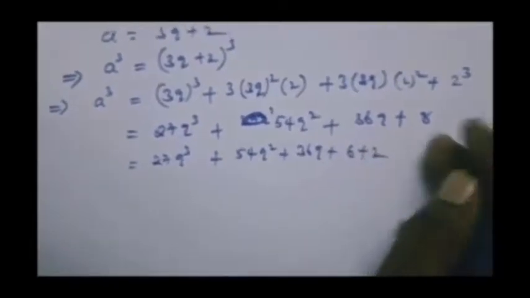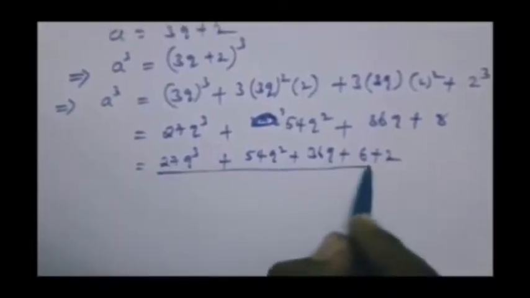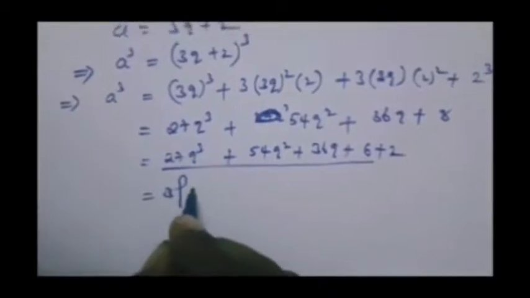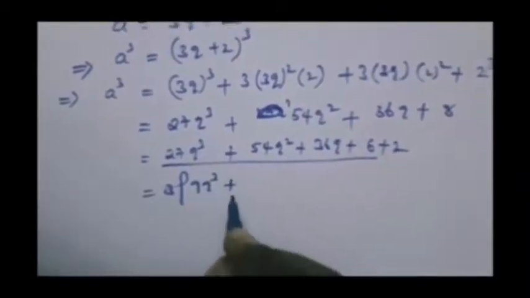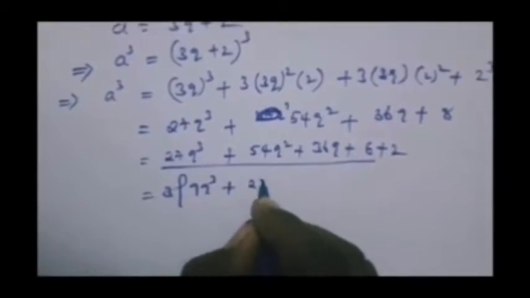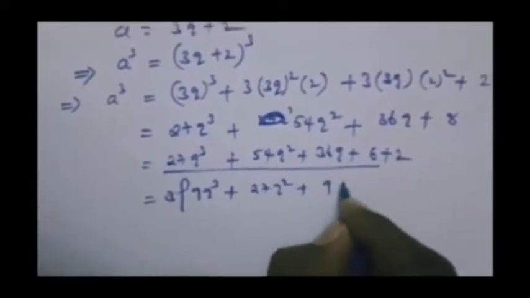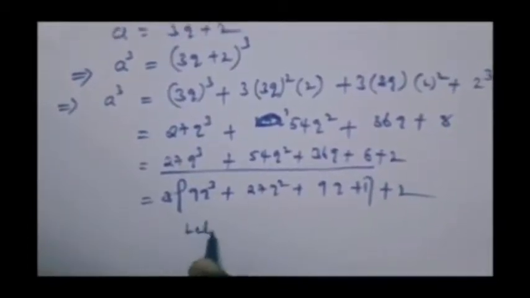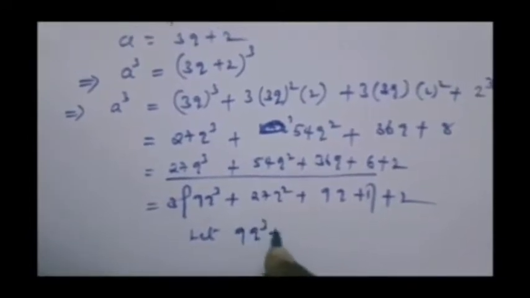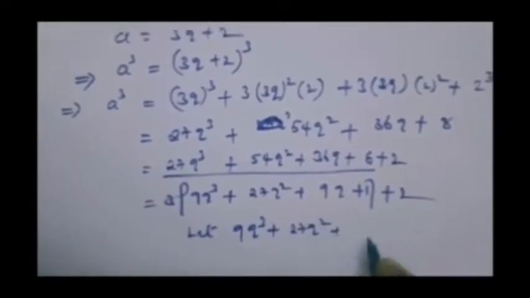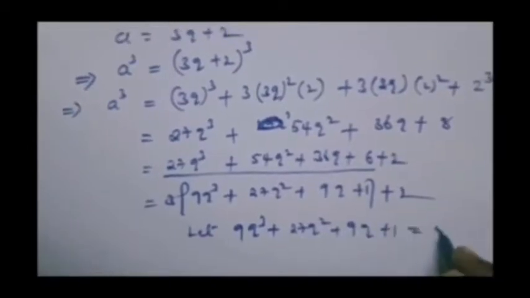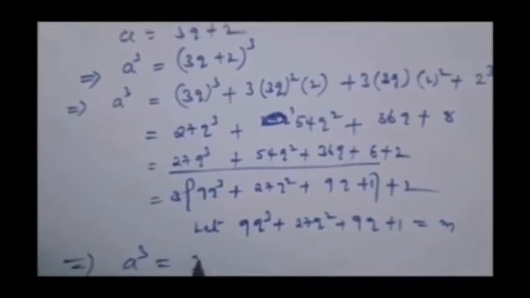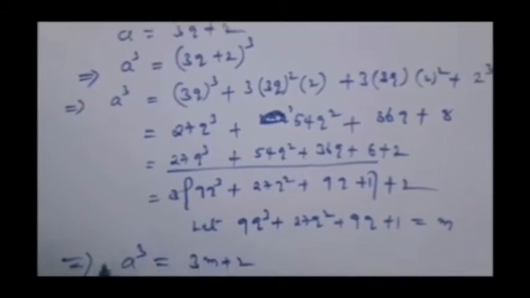From all these terms take out 3 common: 3 times 9q cube plus 18q square plus 12q plus 2. Let us assume 9q cube plus 18q square plus 12q as m. Then a cube equals 3m plus 2. This is our next result.